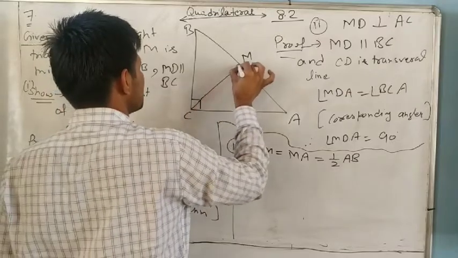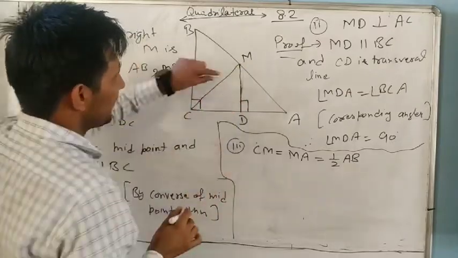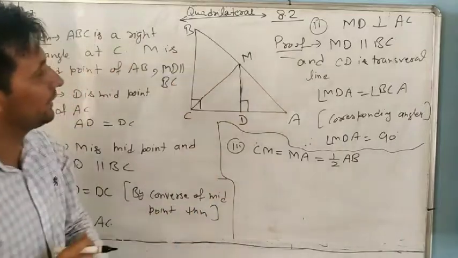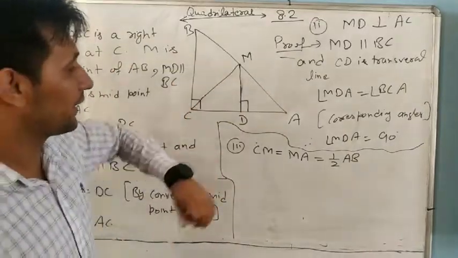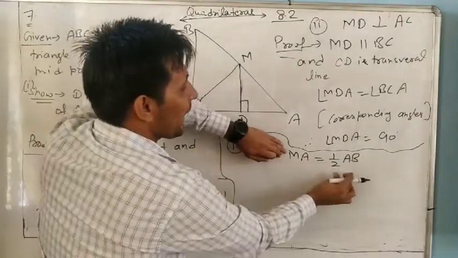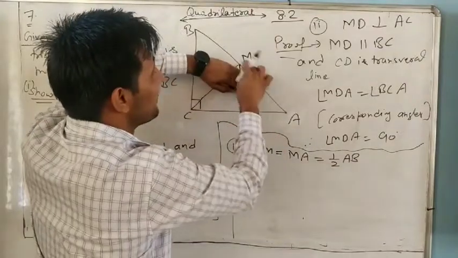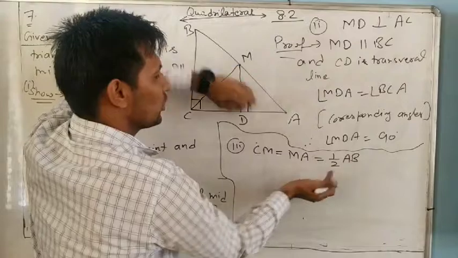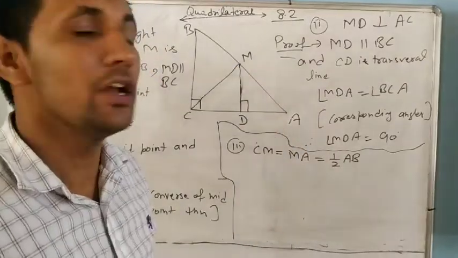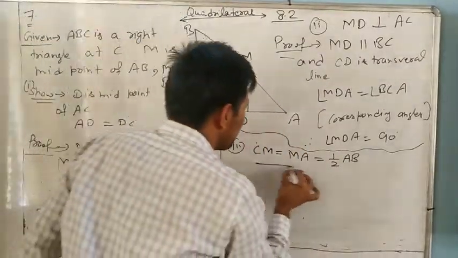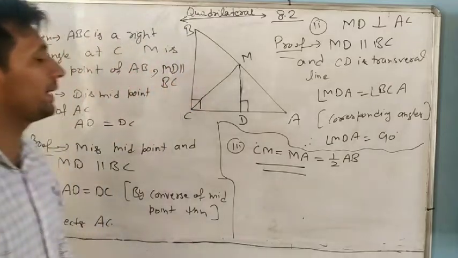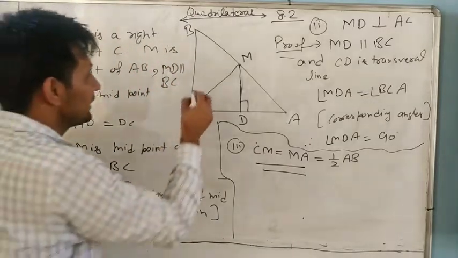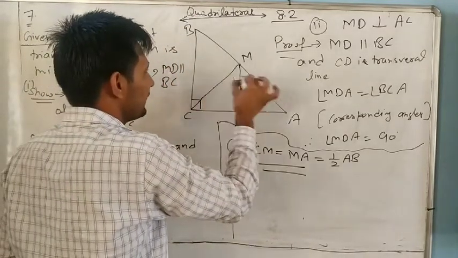Now CM equals MA, but observe in the figure: MA is half of AB, because M is the midpoint of AB, it means AM is half of AB. This is already proved, so we can write it directly. So we only want to prove that CM equals MA, and we observe that it is CM and it is AM.